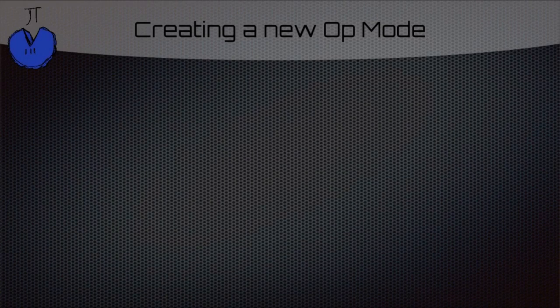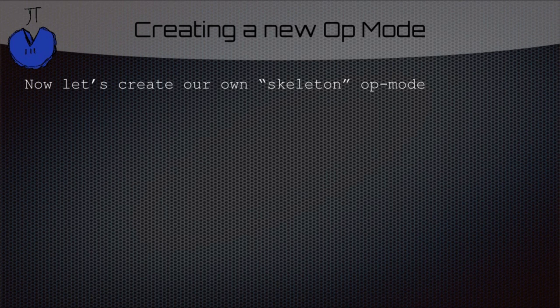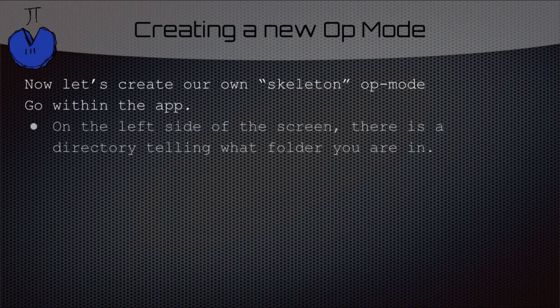So now I will actually show you how to create the skeleton OpMode. We're going to create the thing I just showed you, and again, it won't actually do anything, but it is a good starting point, and you can save it to copy and paste for later OpModes. When you go within Android Studio, there's a directory on the left side of the screen telling you what folder you're in.